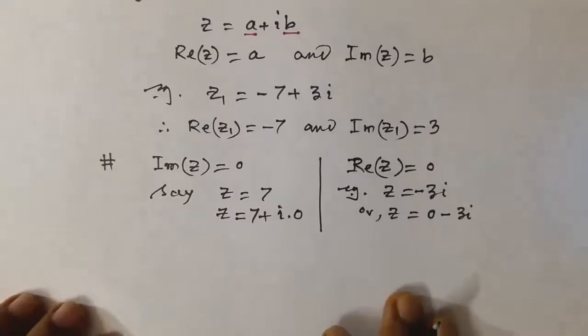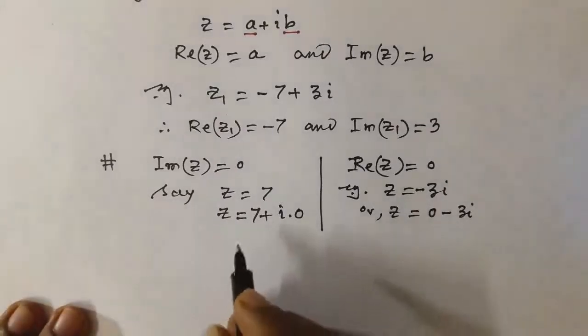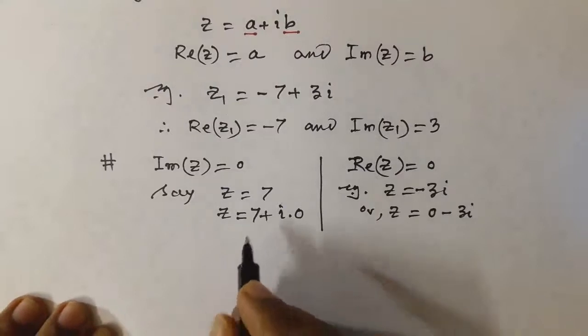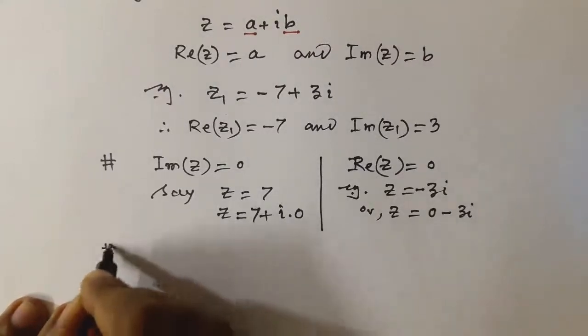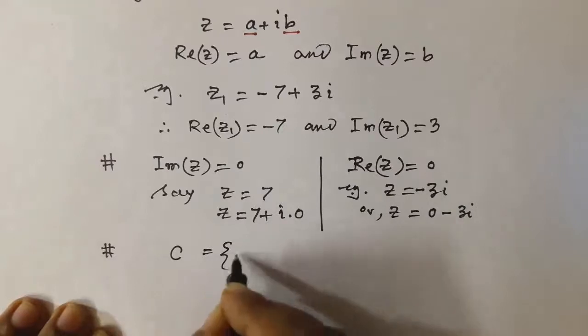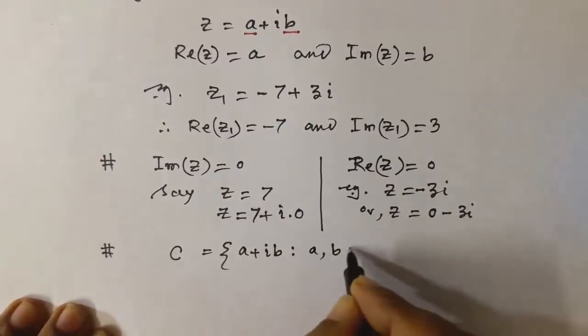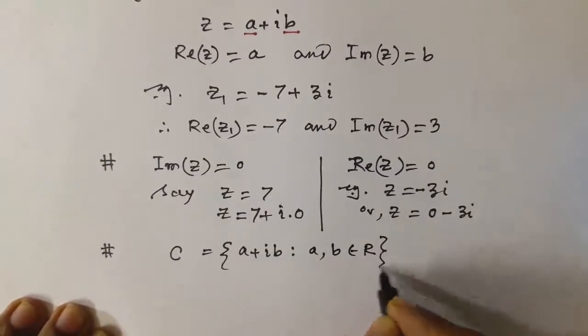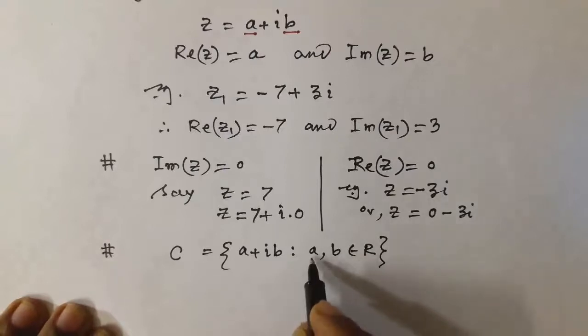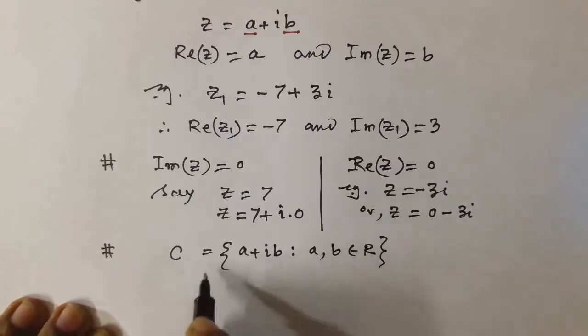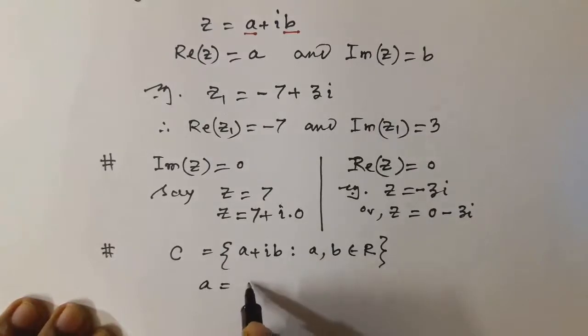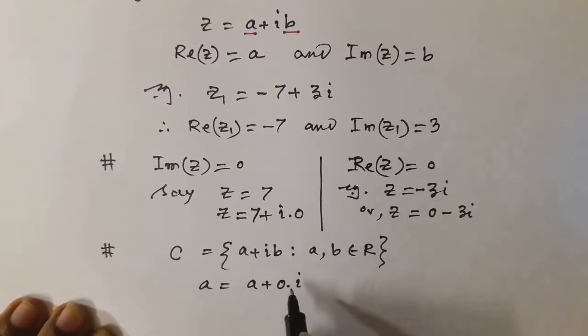Now what is the set of complex numbers? The set of all complex numbers is denoted by capital C, and capital C is equal to a plus ib such that a, b belongs to R. Since a real number a can also be written as a plus 0 into i, therefore every real number is a complex number.